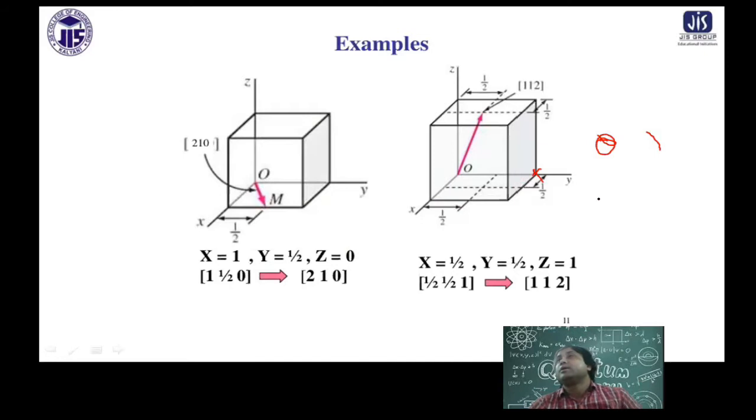And for z, you have to choose: x is 0, y is 1, and z is half. So this will define this point, okay? So how do you define it? These are the intersections: 0, 1, half.